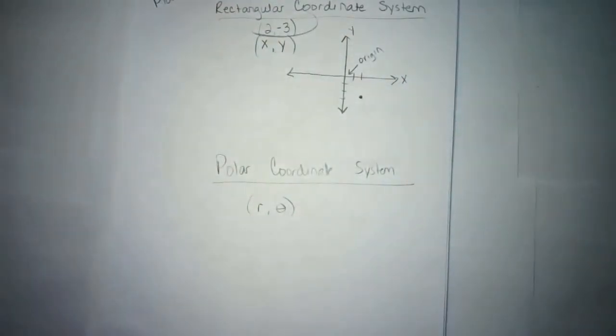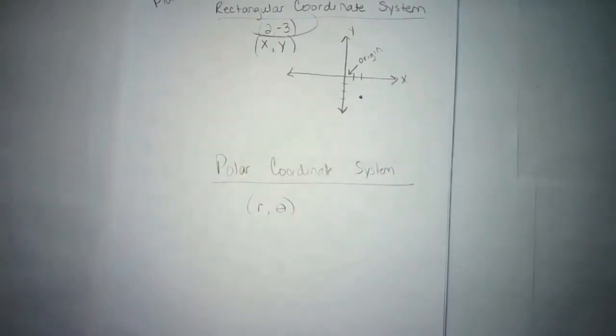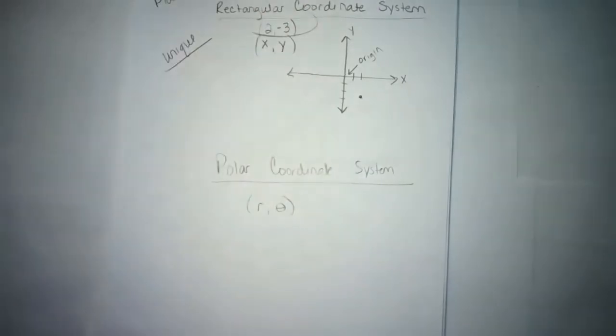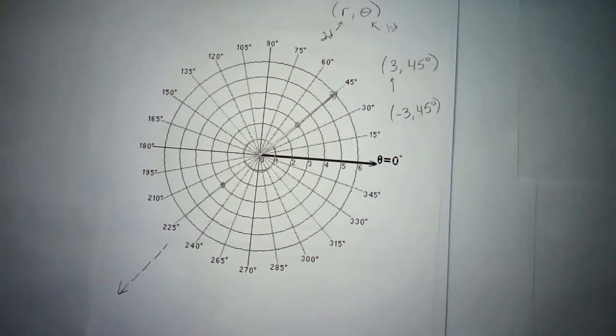So that means everything in rectangular coordinate world is unique. There's only one right answer. In polar coordinate world, there's an infinite amount of correct answers. But I'm going to narrow you down. Think about it.